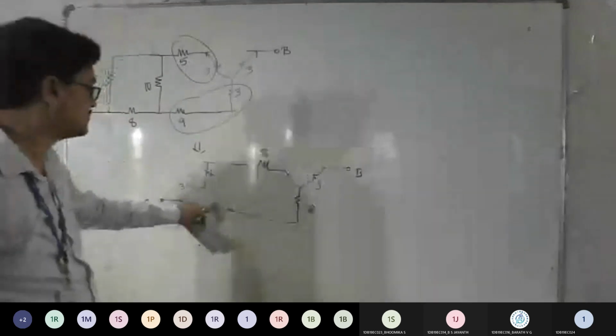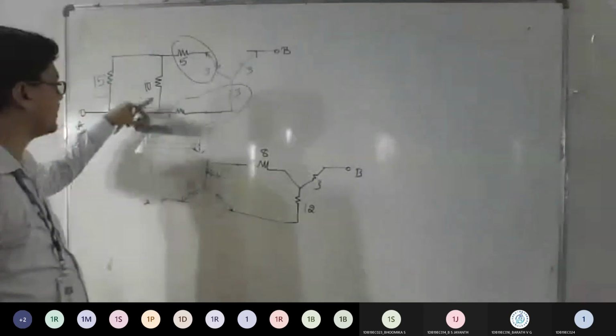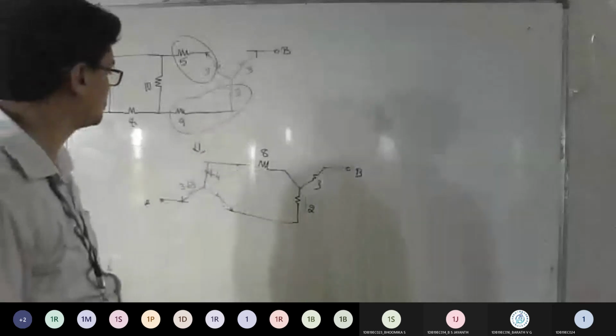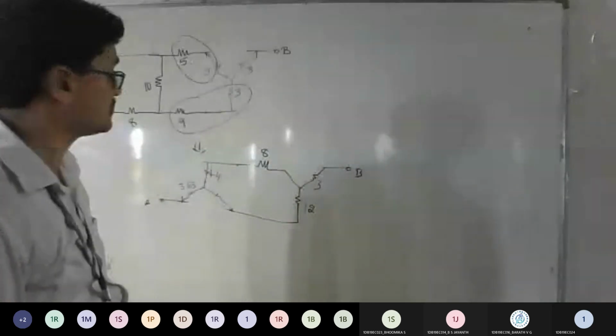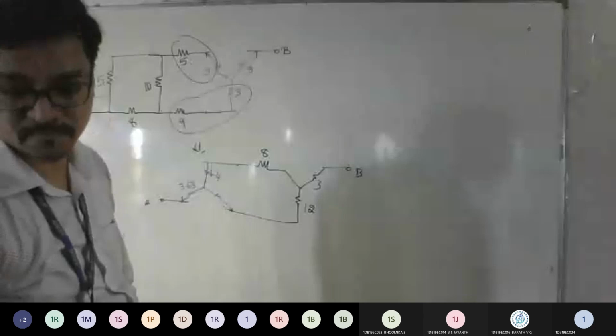I want this resistor, so I told 10 into 8 divided by the sum of all. Correct? How much?